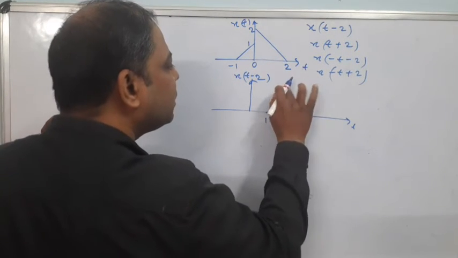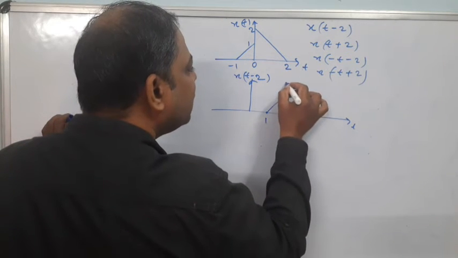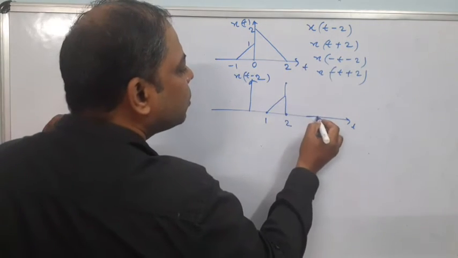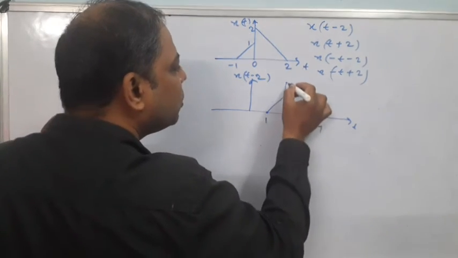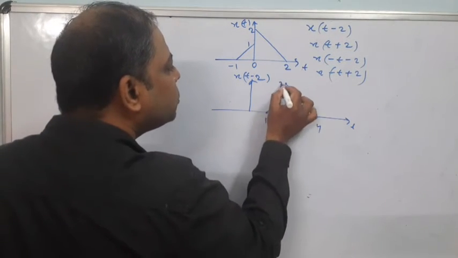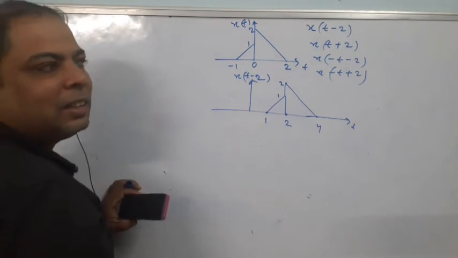Try to understand. So here it is 1, again here it is 2. Now 2 plus 2, that is 4. Right shifting, na? 4. So just connect this one. Now this value is 1, this value is 2 over this axis. I am marking here. This is the signal.